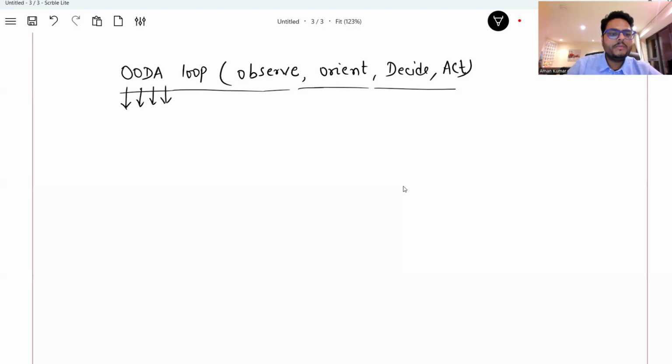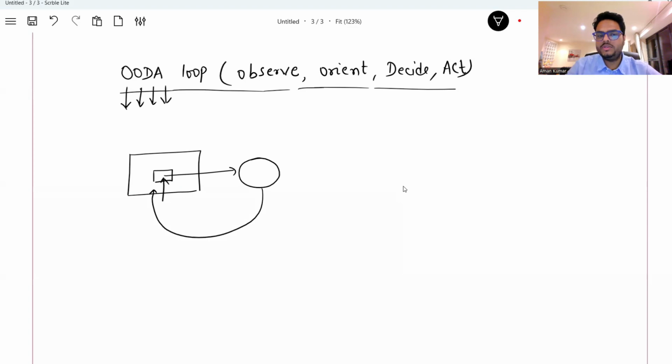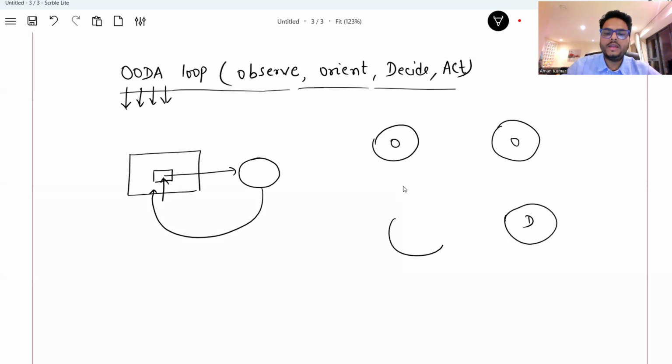So for example, let's say this is an Amazon website. On that Amazon website, you go and click on the image of a product. That data flows to some machine learning model, and that machine learning model immediately recommends you something related to the product which you have just clicked. So what is happening here is the OODA loop. O, O, D, and A. Your activity is being observed.